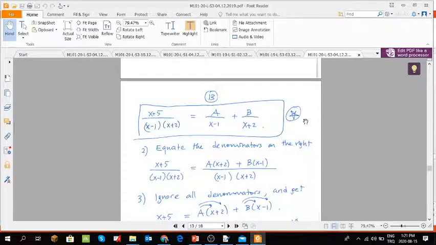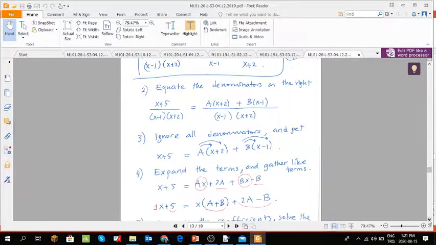We put a star next to it, and then equate the denominators on the right. Ignore all the denominators, because once the denominators are the same, you just look at the numerators. x plus 5 is equal to A times x plus 2 plus B times x minus 1.